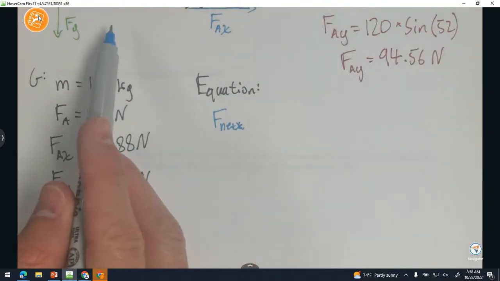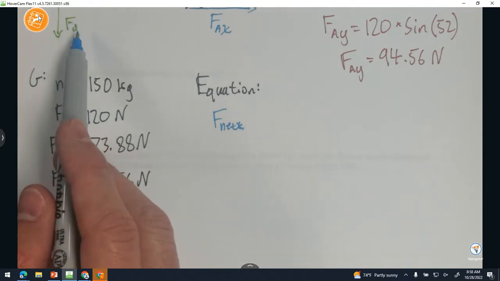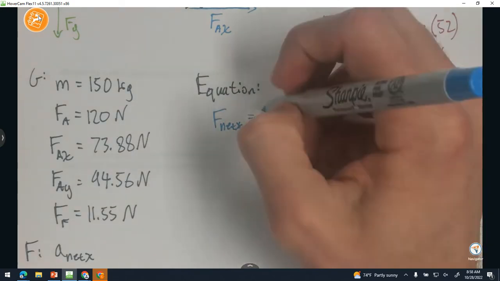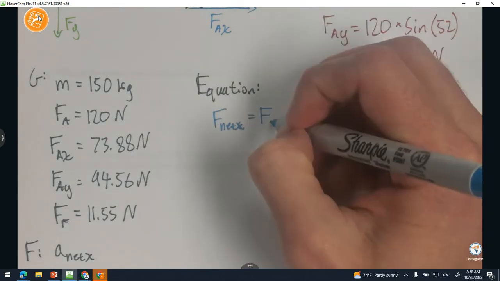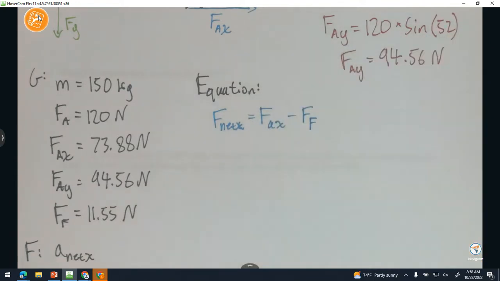The only forces happening in the x direction are force of friction and the force applied in the x direction, so FAX. I know FAX is going to be greater, so I'm going to make it positive. FAX minus FF, so force of friction is negative.